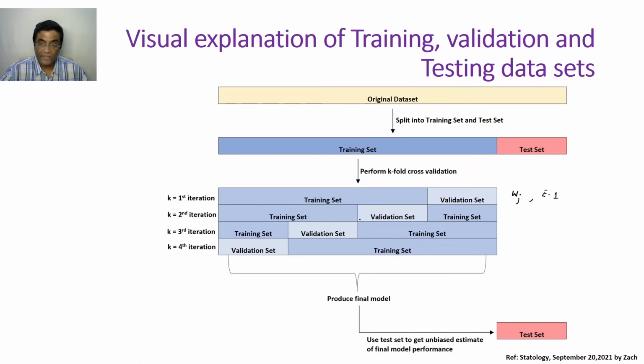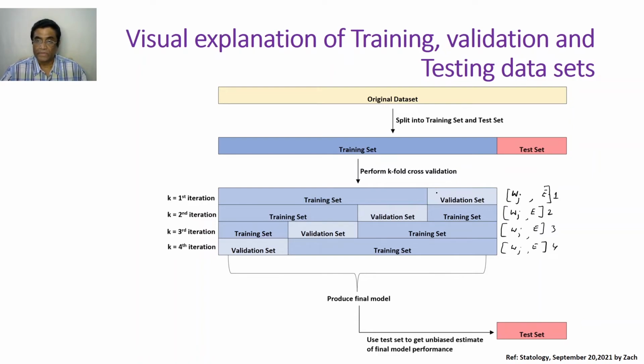Then you use a different validation set, and again design your parameter, running the gradient algorithm. Say this is your Wj, and the error you get corresponds to iteration 2, then Wj and error for iteration 3, Wj and error for iteration 4, like that.